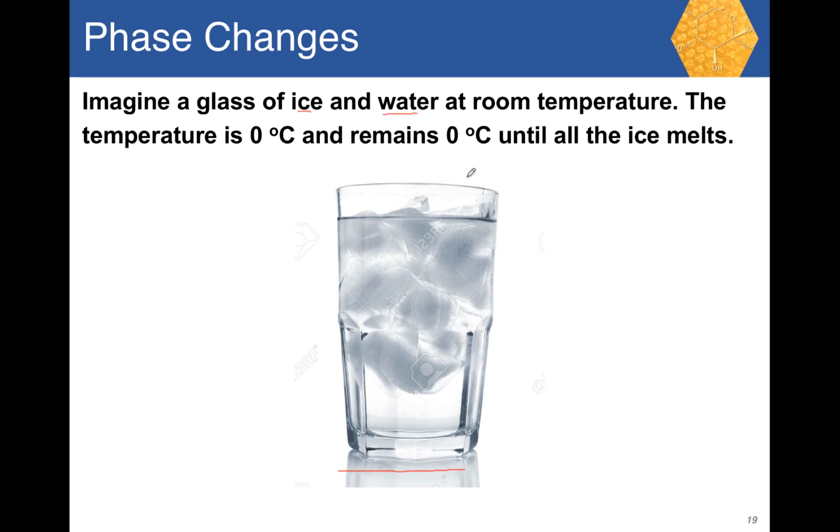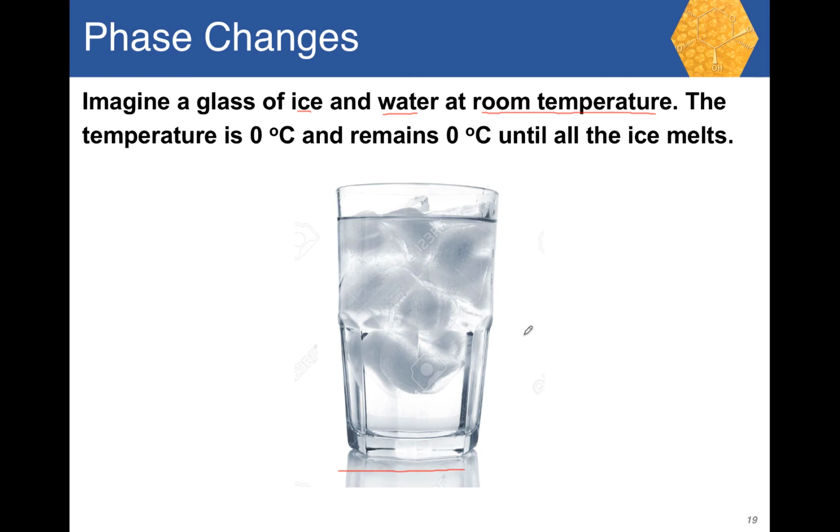Of course, as you know, the temperature of ice is 0 degrees Celsius. If you should put a thermometer in here, it will show 0 degrees Celsius. So let's take it out and put it at room temperature on the counter in the kitchen. So that means that at room temperature, heat is being supplied from the room.